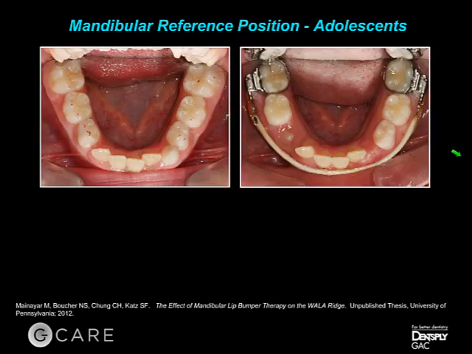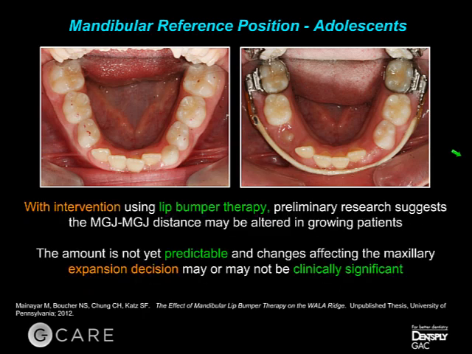Now, we have shown that with intervention and possibly using lip bumpers, we may be able to alter that distance, but the point was that right now it's just not known how much we can change this dimension on a predictable basis in order to really say, well, okay, I'm going to take our patient, who is now 8 years old, and we're going to be able to get 2, 3, 4 millimeters of change, more so than growth, by the time they're actually ready for braces.